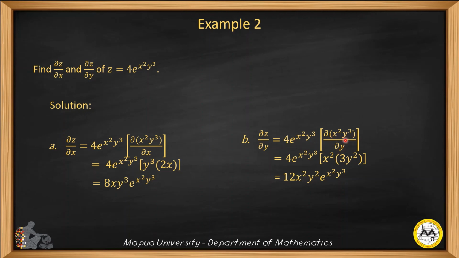And this is differentiated holding x constant. Thus, the partial derivative would just be equal to x squared times 3y squared. And the partial derivative of z with respect to y is given by 12 x squared y squared times e to the x squared y cubed.